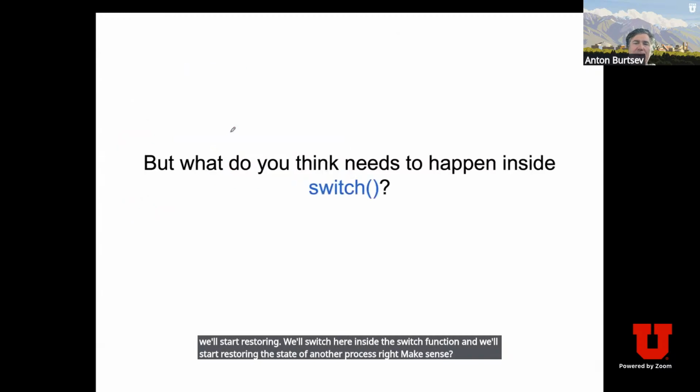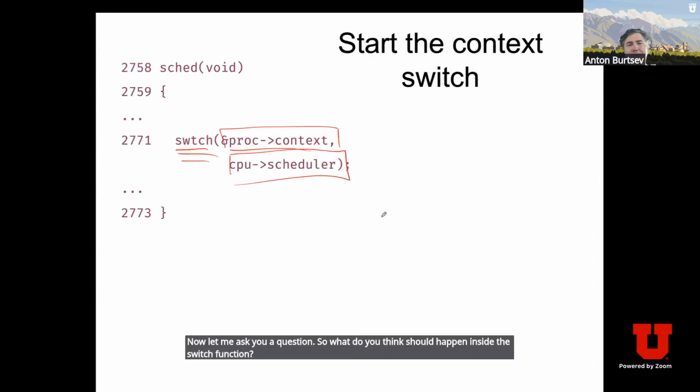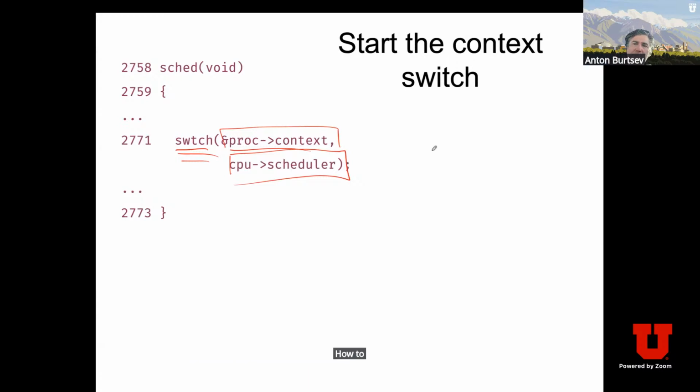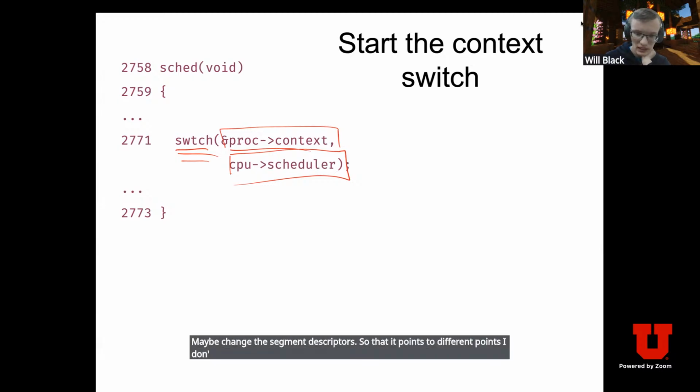Now let me ask you a question. What do you think should happen inside the switch function? How to implement the context switch? Do we have an idea? Maybe change the segment descriptors so that they point to different parts of a stack or something.